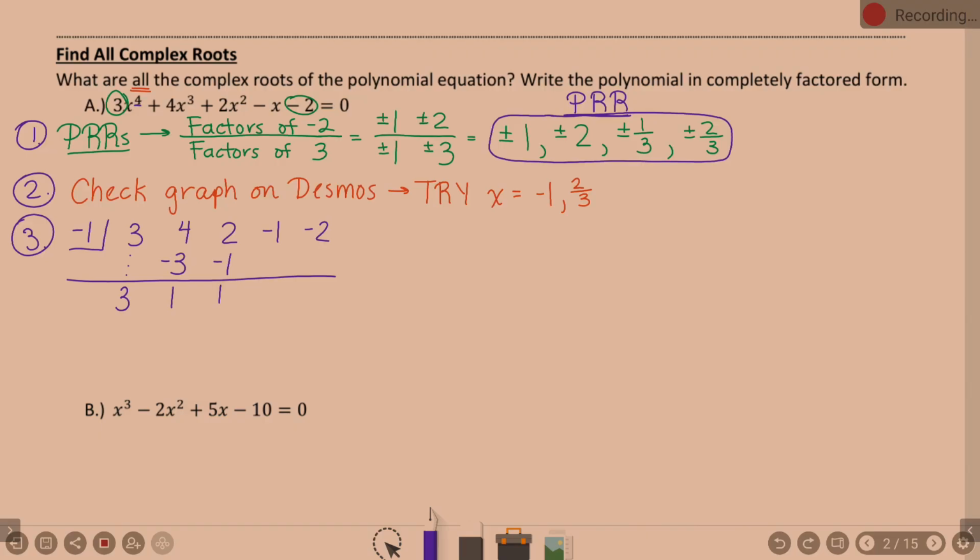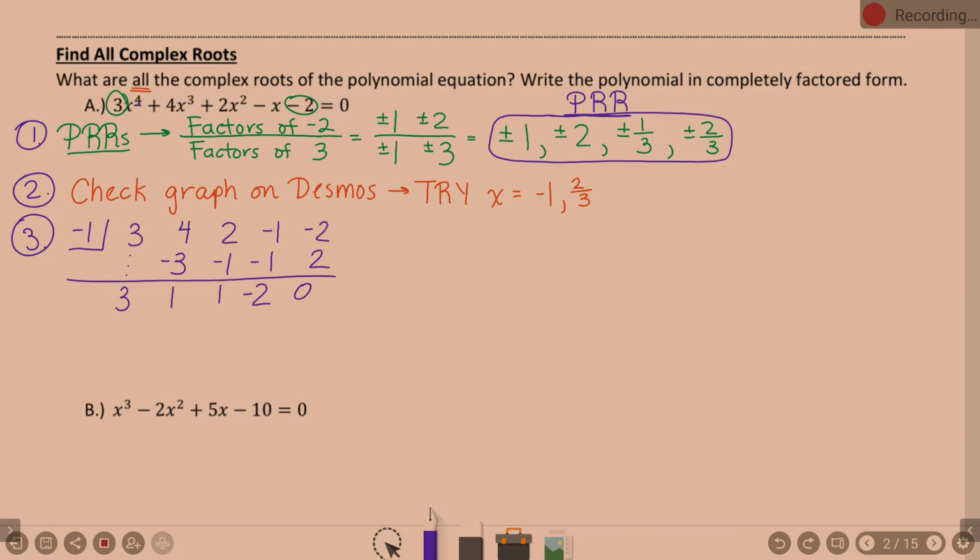Multiply. -1 times 1 is -1. Add. -1 plus -1 is -2. Multiply. -1 times -2 is +2. Add. -2 plus 2 is 0.